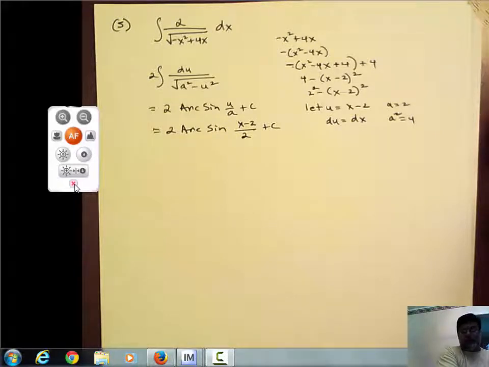Right, I'm gonna go to the next one. I think it's number 6. Find the area of the shaded region. Okay. So I'm going to look for the function here. Okay. So the function is 4e to the x over 1 plus e to the 2x.